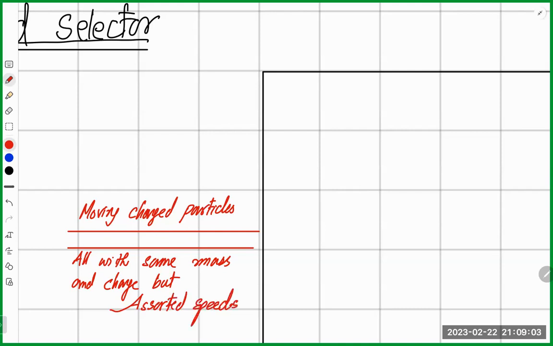So they have different speeds, but they all have same charge and they all have same mass.